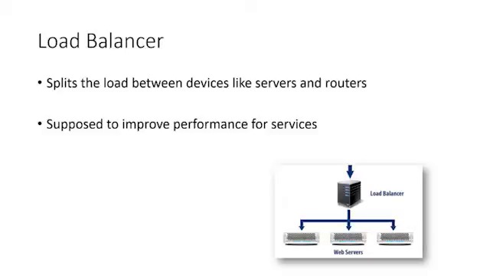So instead of all the traffic destined for just one web server, and it has to handle all of those calls and then tie back into maybe an application server and then hit a database server and then come back out, now the traffic hits a load balancer.